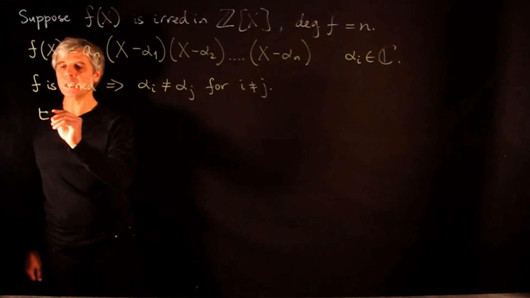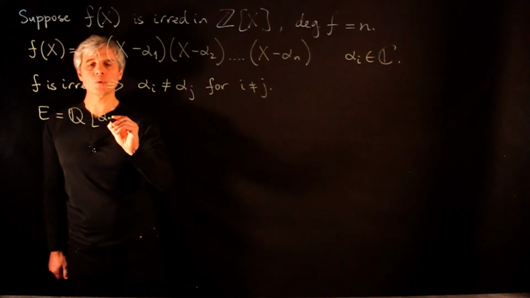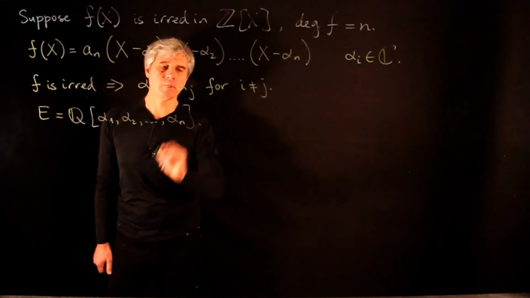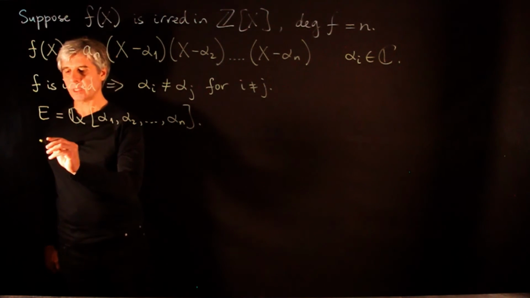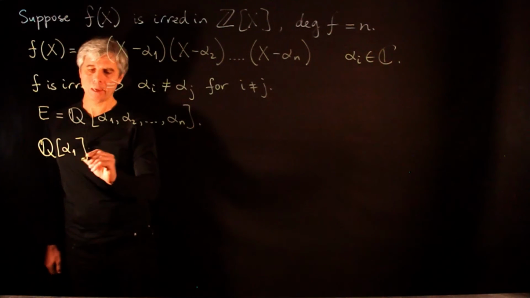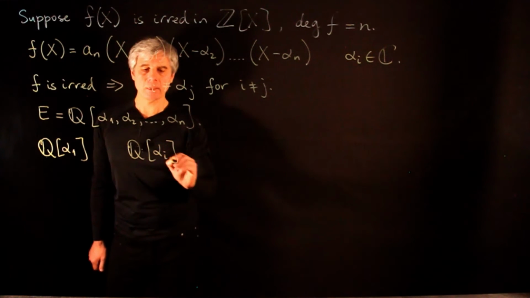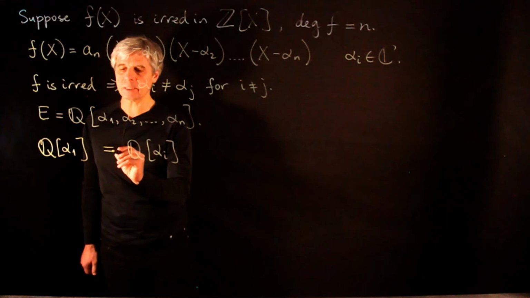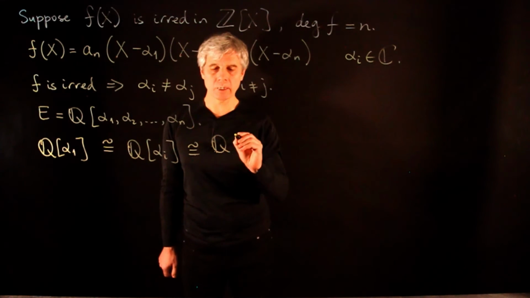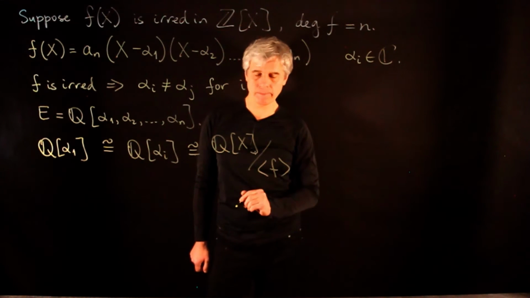Our splitting field E is the field of rational numbers adjoined with the roots alpha 1, alpha 2, up to alpha n. If we take two roots and consider the extensions Q(alpha 1) and Q(alpha i) for some other alpha i, then these two field extensions are isomorphic because they're both isomorphic to Q[x] quotient by the ideal generated by the polynomial f.